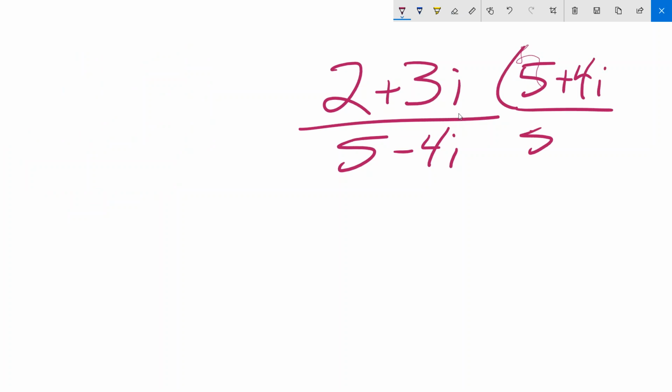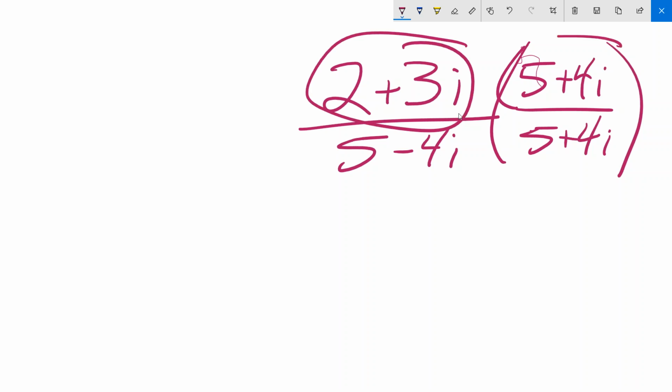Top and bottom. And what happens on the bottom is you always end up with a real number. Whenever you take a complex number and multiply it by its conjugate, it turns it real. In fact, that turns into 25 plus 16, 41. And then the top stays imaginary. You have to FOIL this term by this term.